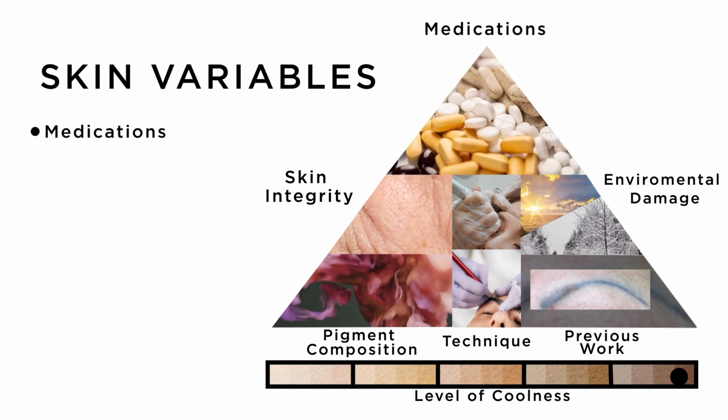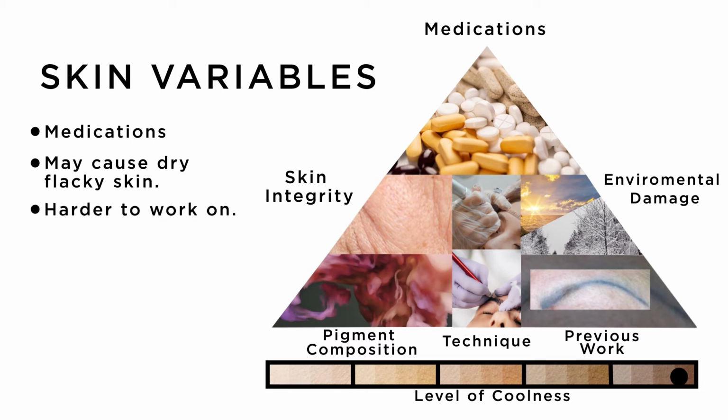Step 7. Medications. Many drugs can cause your body to work harder in an effort to flush out toxins, which leads to dry and flaky skin. Smoke may cause flaking and dryness. Dry skin is more prone to blemishes, wounds, and poor healing.